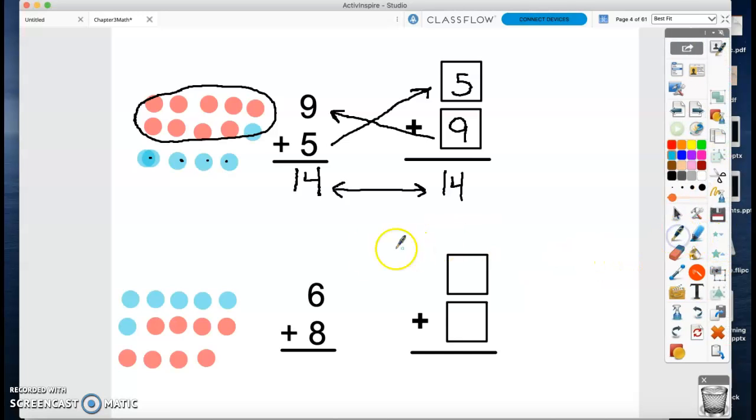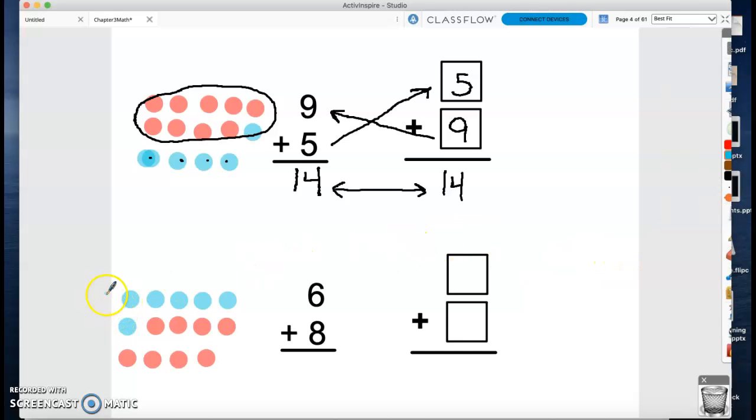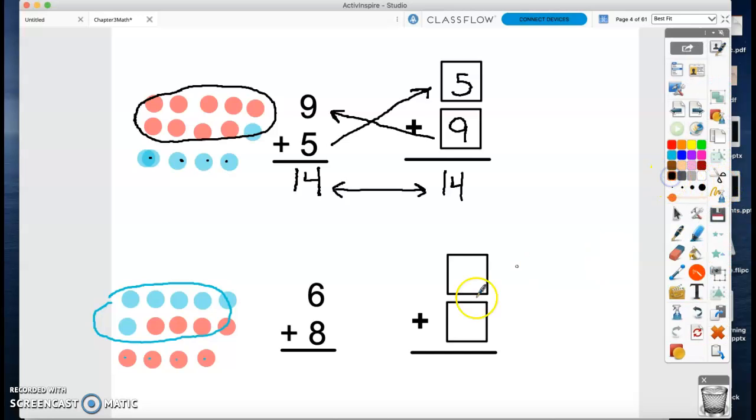So once again, I look and we made a group of 10 here, and we have some more, 10, 11, 12, 13, 14. So 8 plus 6 is 14.